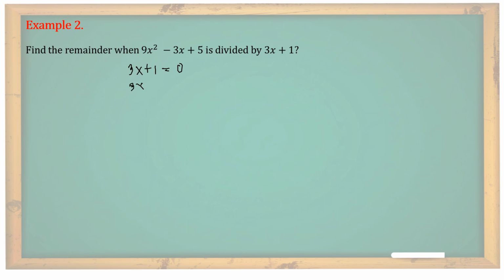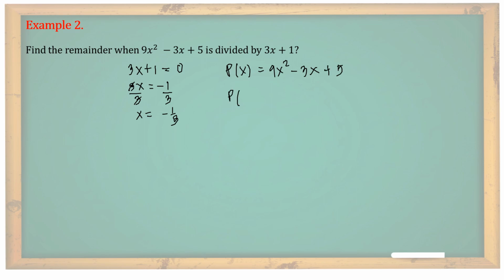So 3x equals negative 1 by simply adding negative 1 on both sides. Then divide by 3 both sides, so that is x equals to negative 1/3. Then substitute dito sa ating p of x equals to 9x squared minus 3x plus 5.